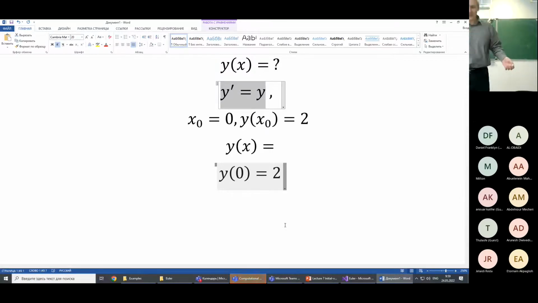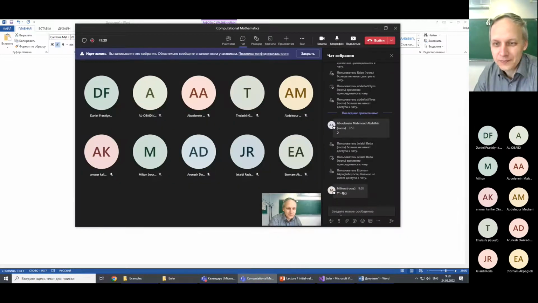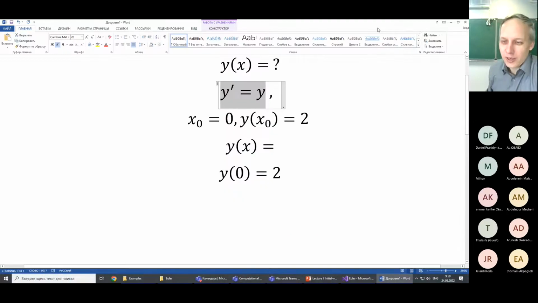And I ask you, what function will have this property? y prime equals f of x is the general form, but what is f of x? This is my question to you. Give me the formula for f of x.